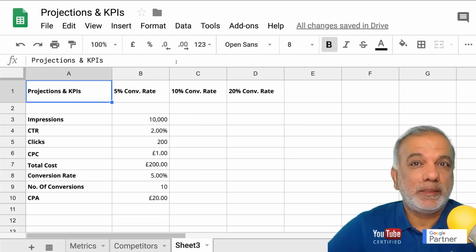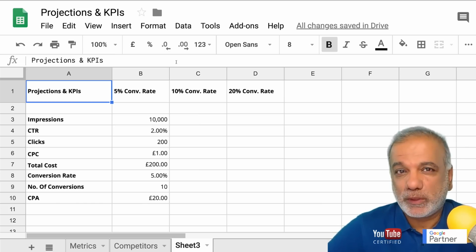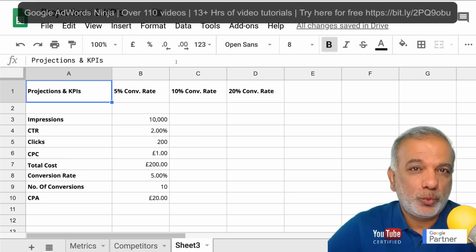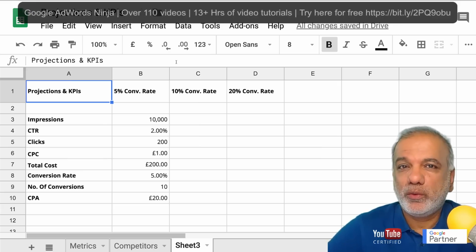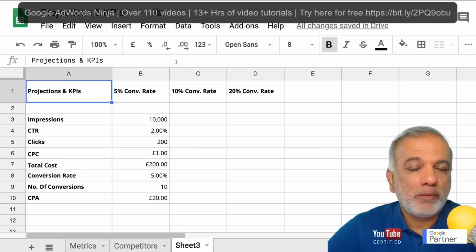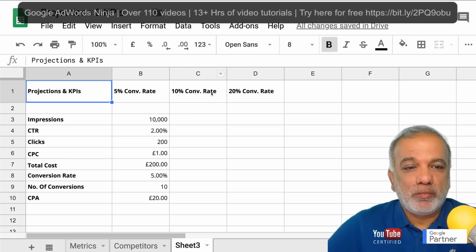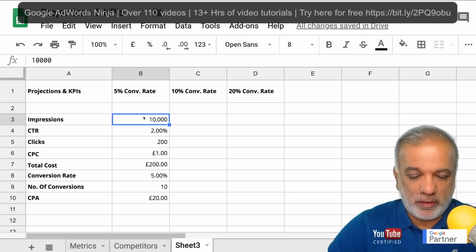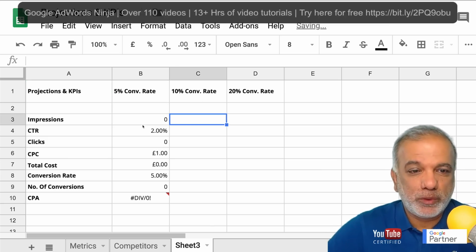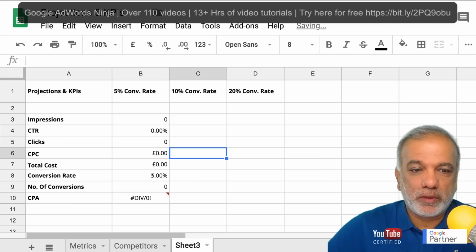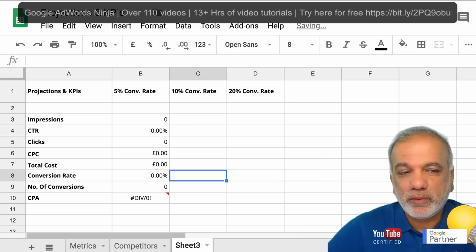If it is, then very well, and you can carry on improving it. But if it's not, then you need to tweak your projections or optimize your campaigns. So let's have a look at some of the most important numbers which we have in our Google Ads account.